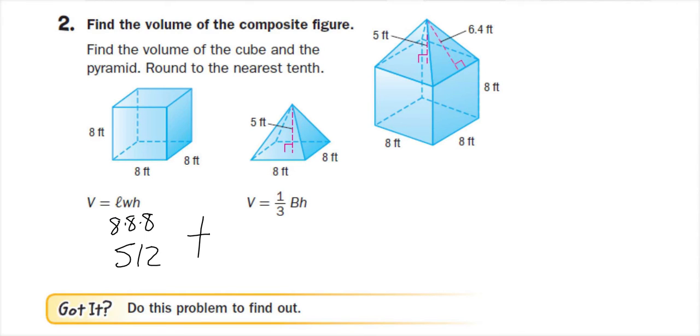And then we're going to do the volume of a pyramid. So remember, the volume of a pyramid is the area of the base times the height, and we're going to divide that by 3. So the area of the base would be 8 times 8, which would be 64. We're going to times that by the height, which is 5, and then divide that answer by 3.